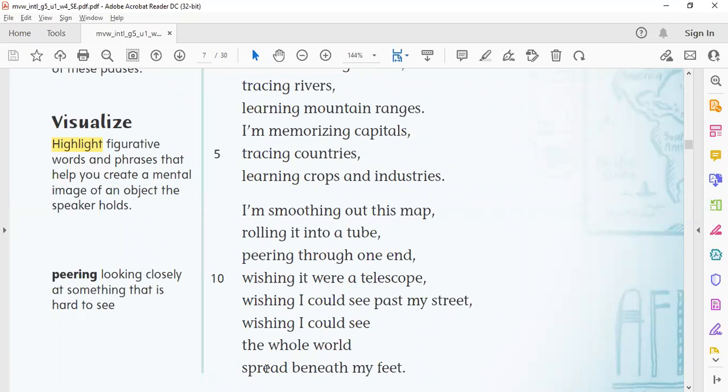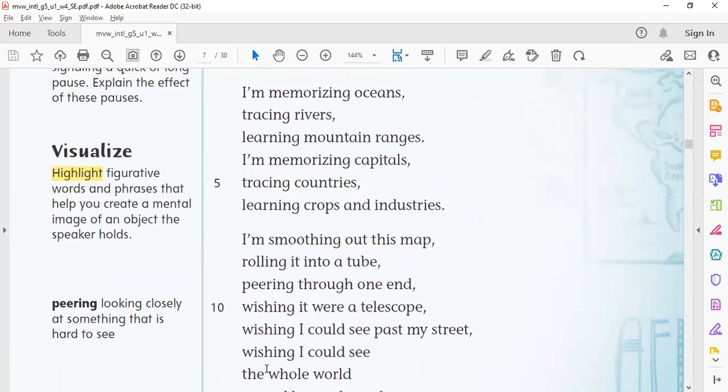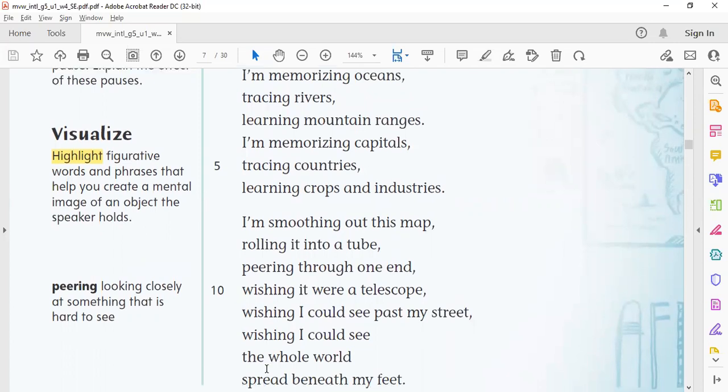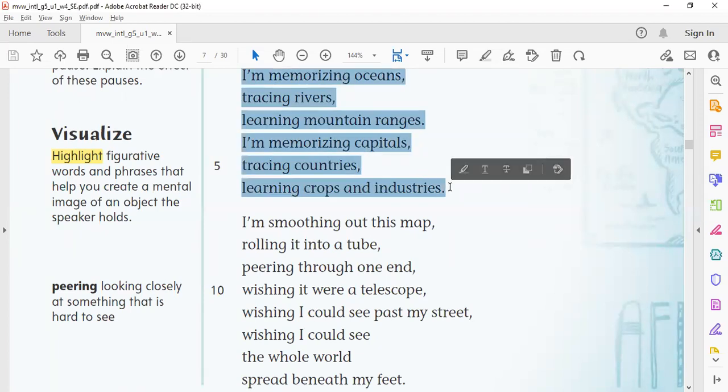Okay. So as you've seen, this poem, it's talking about what here? Now let me ask Adham. Adham, the first stanza is talking about what? What is the main idea in the first stanza? So she's doing what in the first stanza?